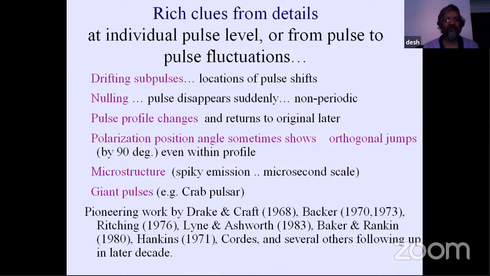And the studies related to that, the important clues of course come from the drifting subpulses. So for many pulsars, the pulsar time sequences are available, and you can study these things by analyzing their fluctuations. You can also study nulling, which Sushana has already elaborated on, so I'm not going to spend much time.